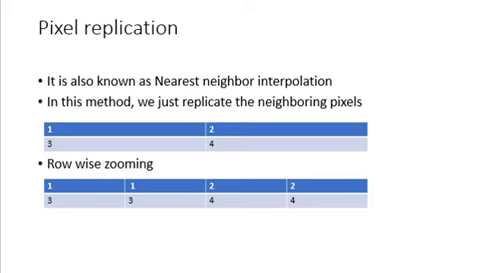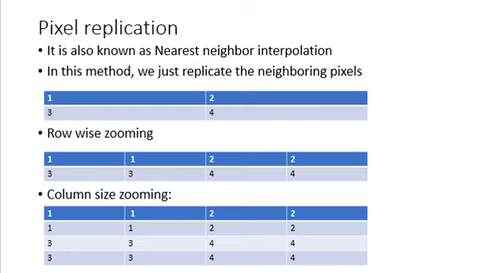Here is how it would be done. Column wise zooming. The next step is to replicate each of the pixels column wise. We will simply copy the column pixels to adjacent new columns, or simply below it. Here is how it would be done.